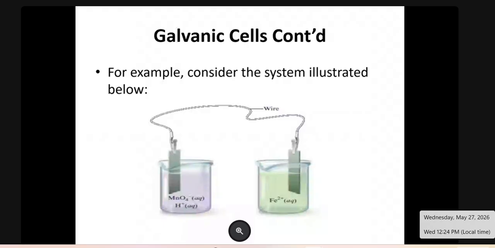So when you put them and connect them through a wire, electricity or electrons will start moving from the one which is more reactive to the one which is less reactive. But what would happen here is, the one which is reactive, when it loses electrons, it becomes an ion. So it will move from the surface of the metal and go into the solution.